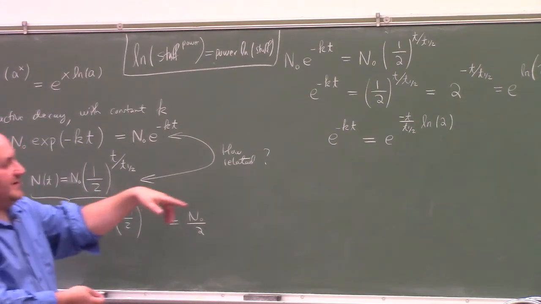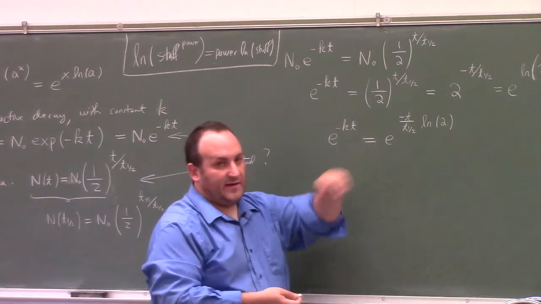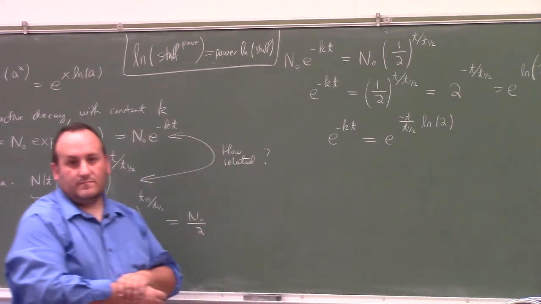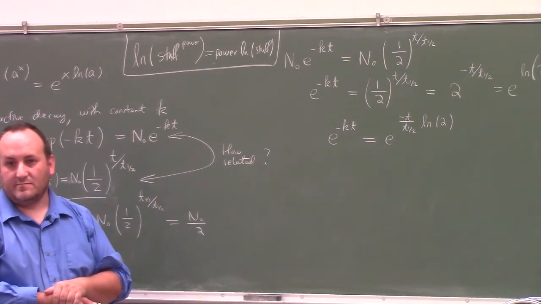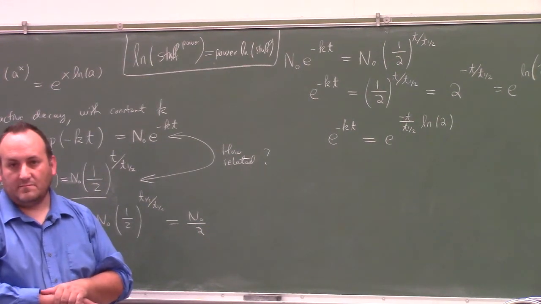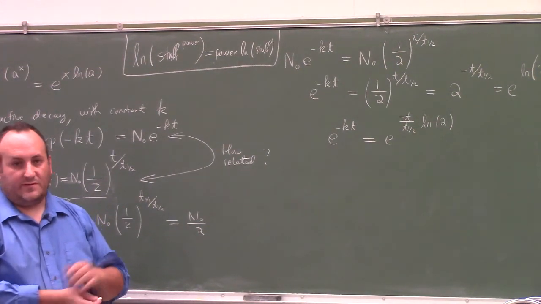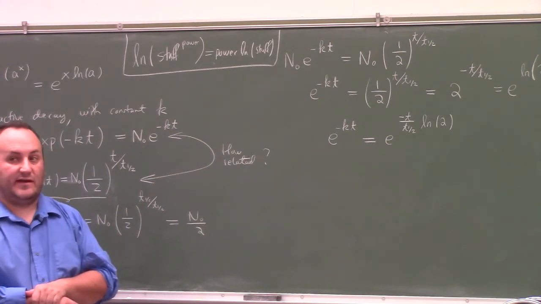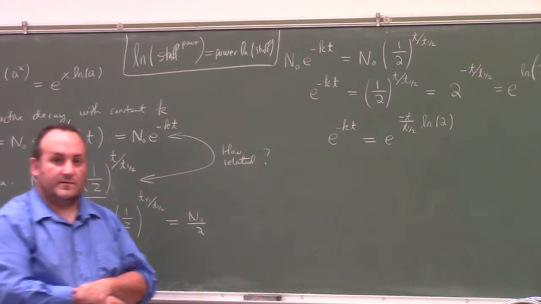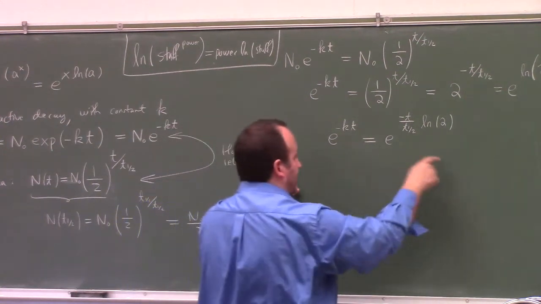And then once I've got e to the something equals e to the something else, what can I do? What's the natural enemy of the exponential? What should we do to this equation? How about we take the natural log of both sides, right?